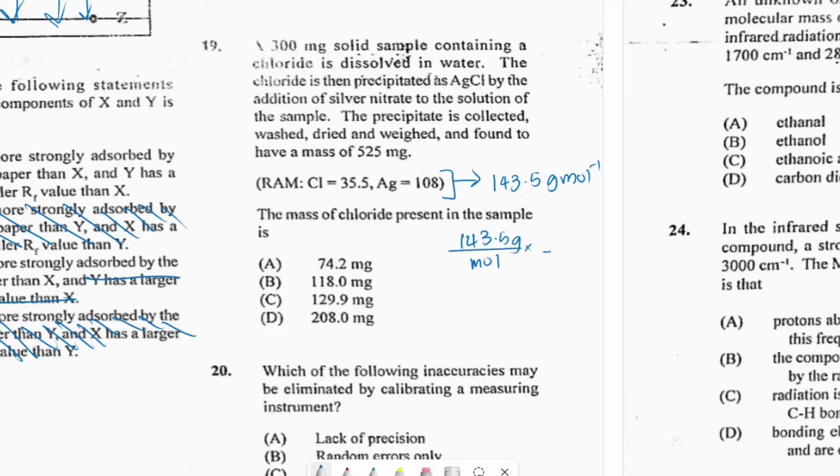Since grams is here and I want to get rid of it, I'll put grams at the bottom and milligrams at the top. I know that milli is 10 to the 3, so 1,000 milligrams will give me 1 gram. Grams cancel grams, so to convert 143.5 grams to milligrams, I need to multiply by 1,000.